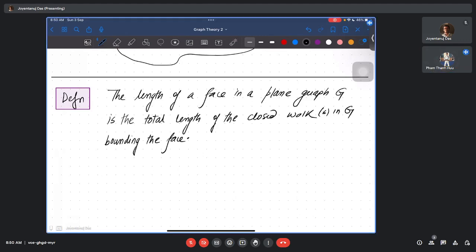So the length of a face in a plane graph will be the total length of the closed walks that are bounding the face. So that is the definition.